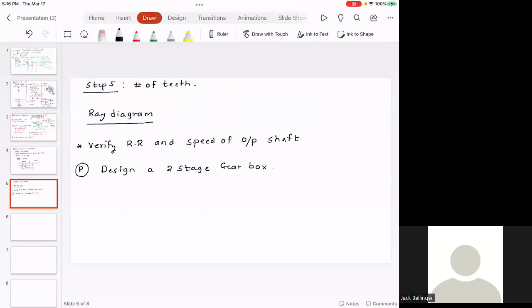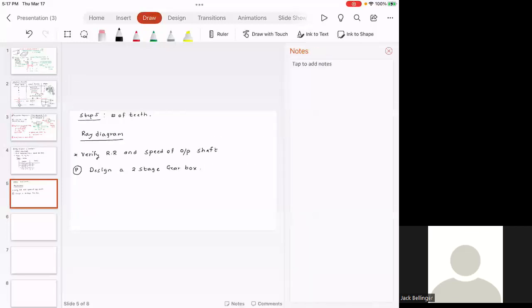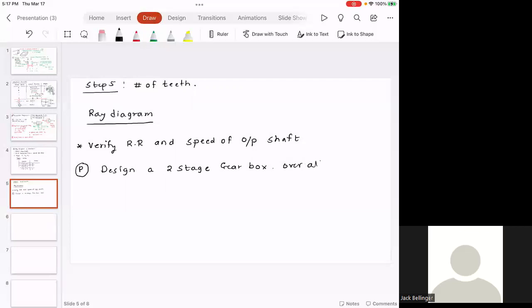Say the overall reduction ratio is given. They will give you an overall reduction ratio or they will give you the step sizes. So they will say that the input speed is 960 RPM.